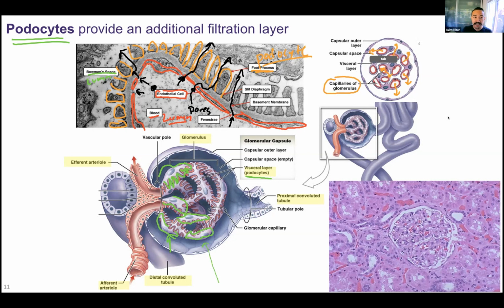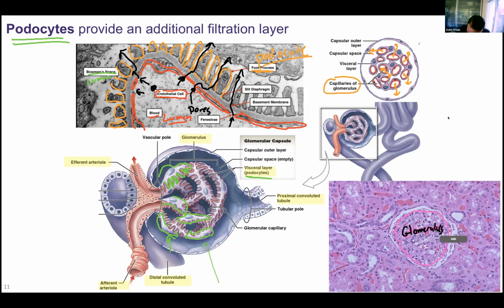Two layers of filtration. There's actually a couple more, but you'll learn that in physio. Podocytes allow for an additional layer of filtration. Take a look at the bottom right. Here is a closer look at the Bowman's capsule and glomerulus. Let me color in. This is the glomerulus, all of this. You can't see specifically which ones are blood vessel cells or which ones are podocytes.